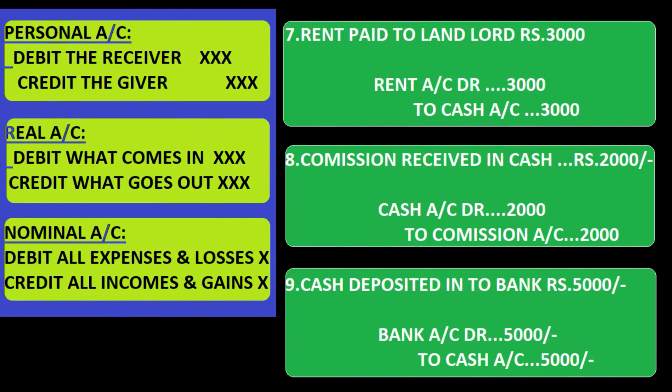So as per personal account rule, debit the receiver. Bank received our amount. So debit bank account. Next, cash went out of the business. Cash is a real asset. As per real account rule, credit what goes out. So credit cash account. The entry becomes bank account debtor 5000 to cash account 5000 rupees.